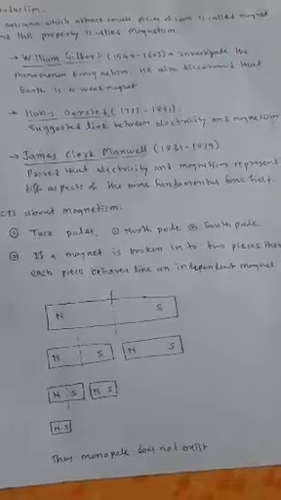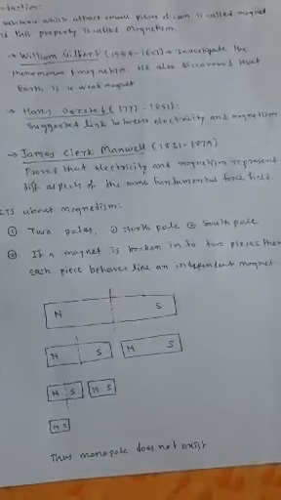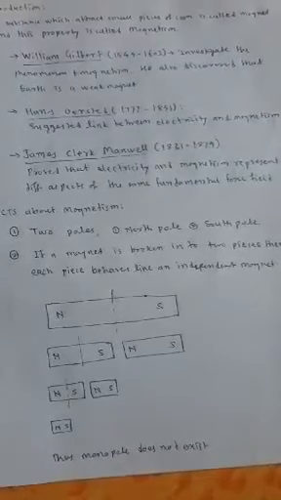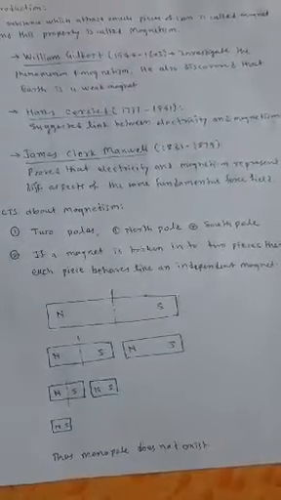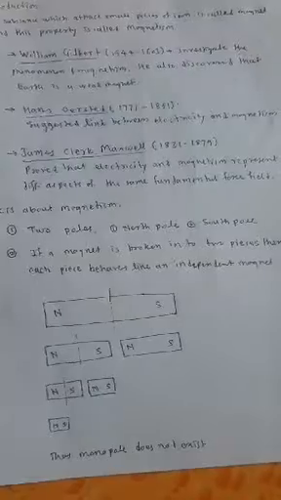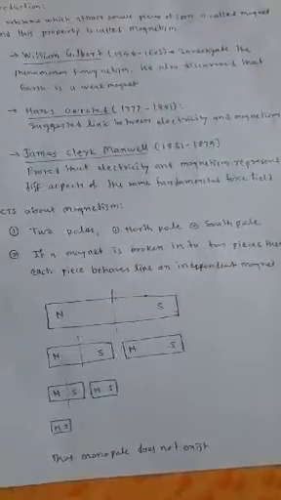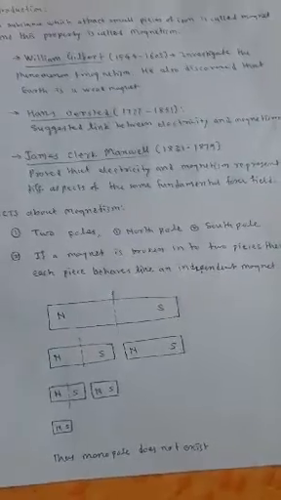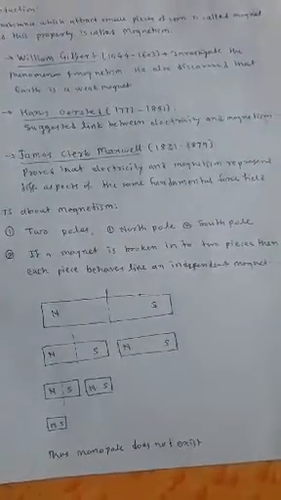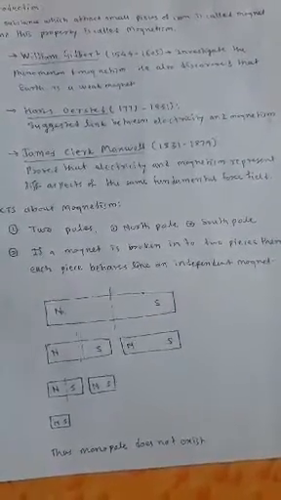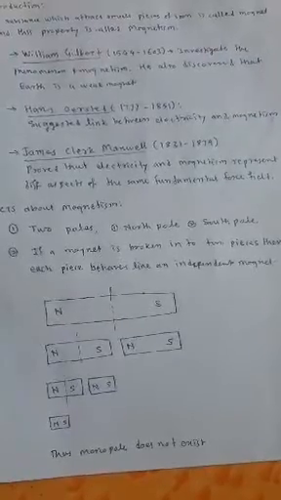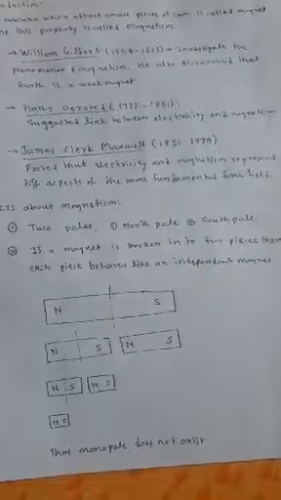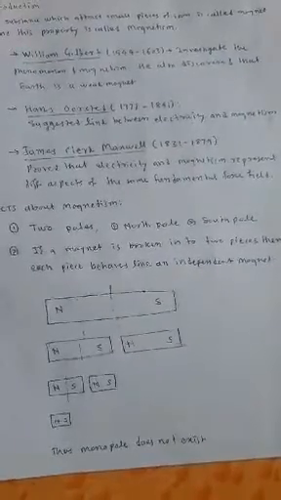The point or tip of the magnet which is directed towards the north geographic pole of the earth is called the north pole of the magnet. And the tip of the magnet which is directed towards the south pole of the earth is known as the south pole.